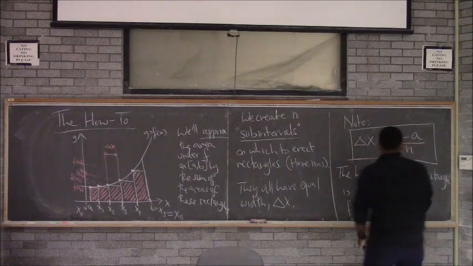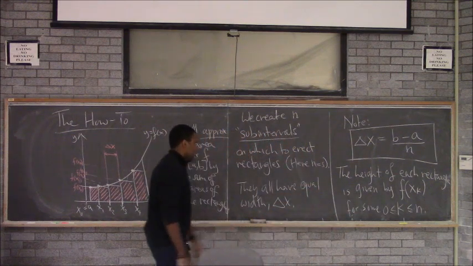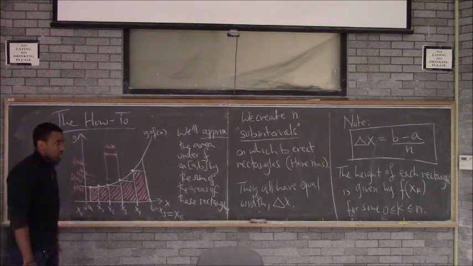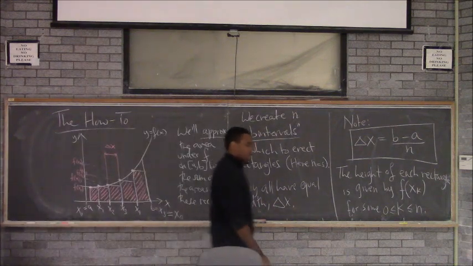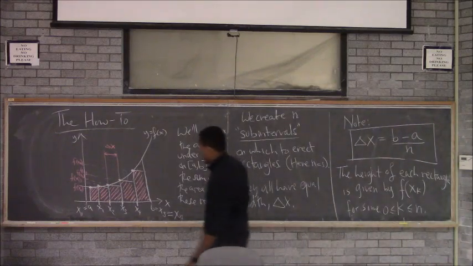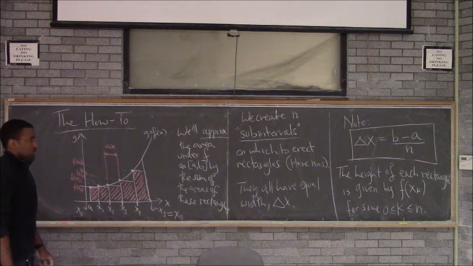Right? So it's going to be f of x0 or f of x1 or f of x2. It can be f of any of these depending on how I'm creating these rectangles. So that's going to give us the height of each rectangle. Now, here's how we are going to actually set that up.